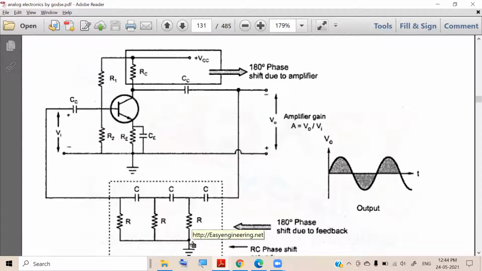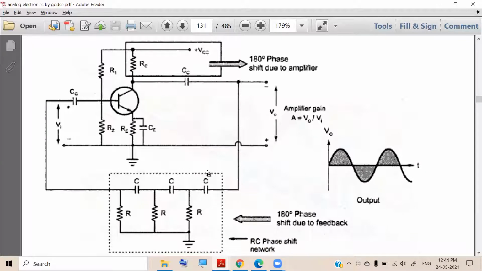Please answer. 180, over total we need 360. So this entire three-stage block should provide how much phase shift? 180. Very good, correct answer.